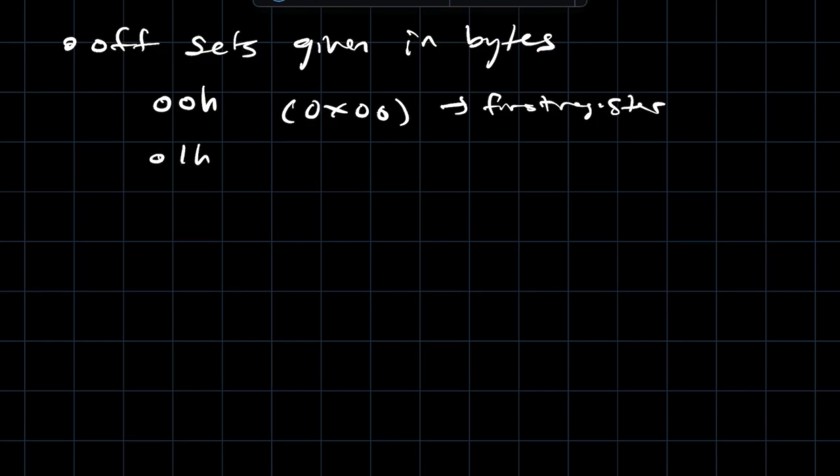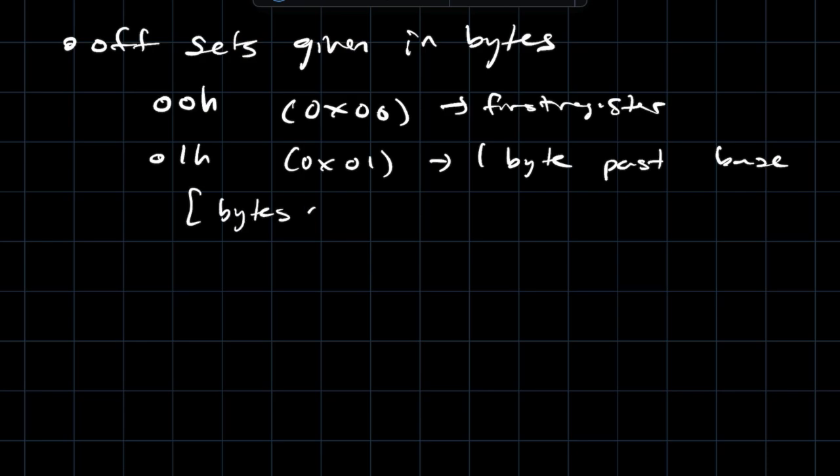01H would be 0x01. That is 1 byte past the base. A byte, by the way, is 8 bits. Bytes, 8 bits.